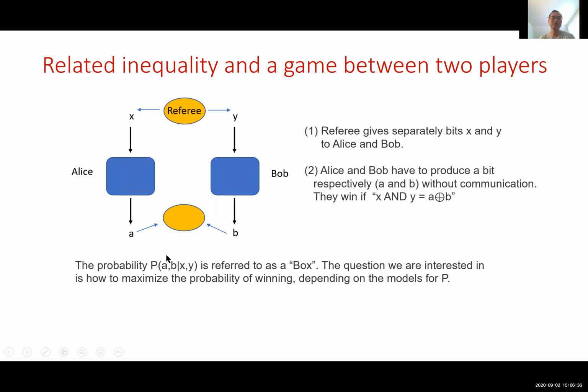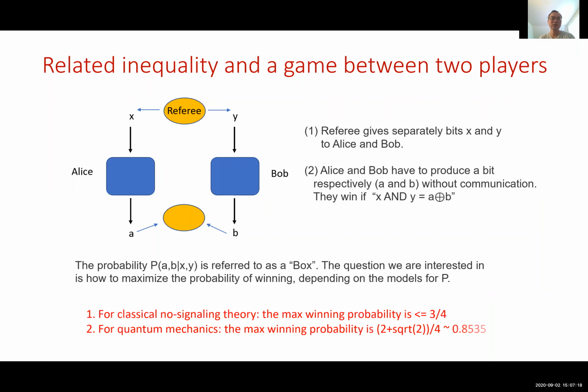What kind of model would determine how much you can win the game. For example, if this probability distribution comes from classical theory, the limitation is that Alice and Bob cannot have any communication. They can design their strategy in advance. In quantum mechanics, they can share maybe an entangled state, but they cannot have direct communication. So how to win the game depends on whether it's classical theory, quantum theory, or beyond quantum theory.